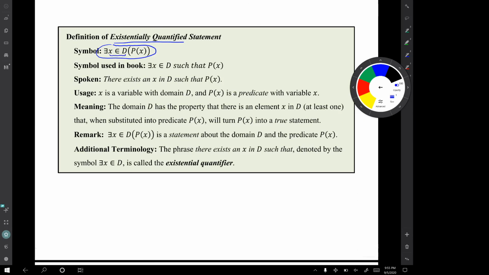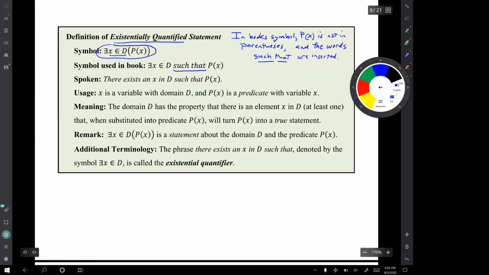In the book's symbol, the P of x is not in parentheses, and instead there is this additional little phrase. But both the book's symbol and my symbol are spoken this way: there exists an x in D such that P of x.